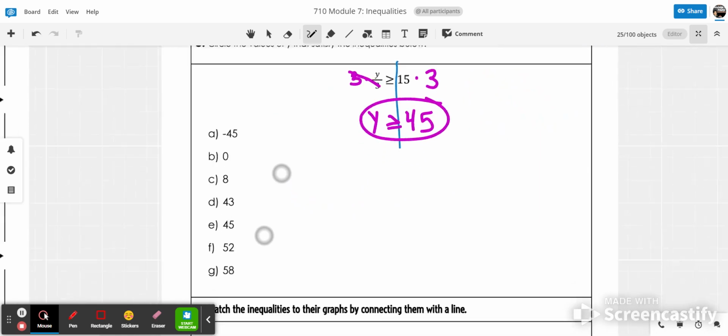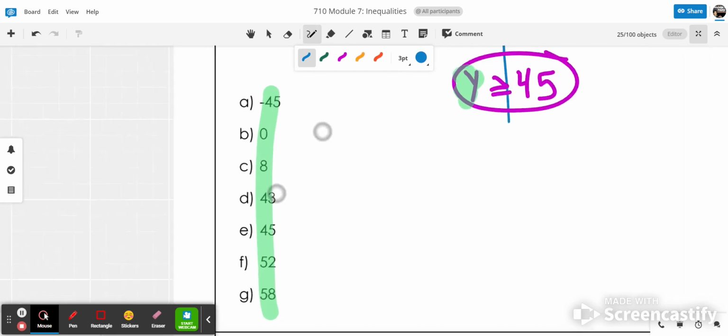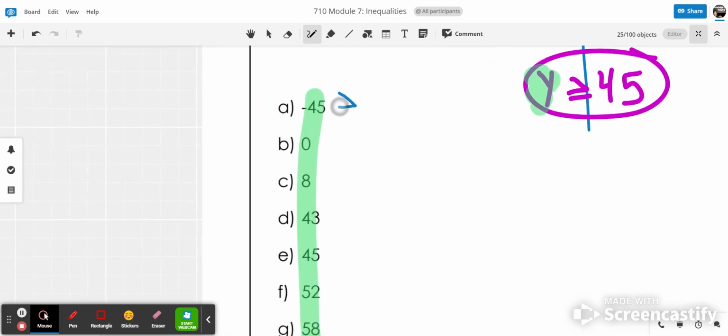So now I look at these numbers, A, B, C, D, E, F, G. Are they greater than or equal to 45? We're testing if I can put any of these numbers in for y. So I'm just going to go ahead and draw the inequalities. Is -45 greater than or equal to 45? No, right?